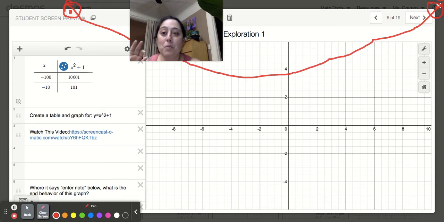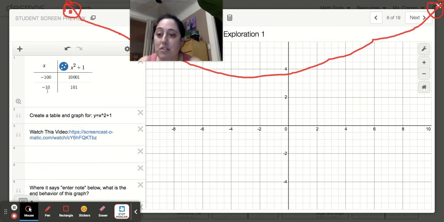And a lot of you were talking about the words in the next few slides, and they were just saying as x values get really, really big, which is a weird way of wording it, then the y values are really, really big in the positive direction. Okay. But we'll kind of look at that a little bit. So again, end functions are how you start and how you end, right?